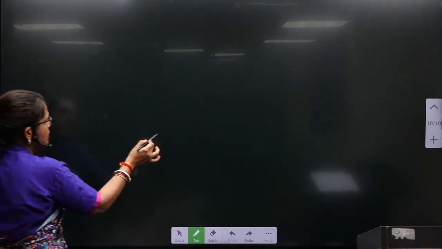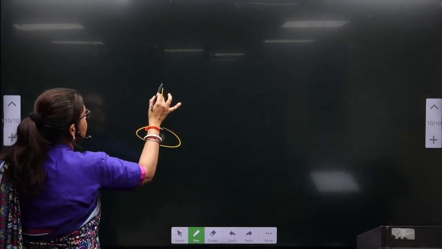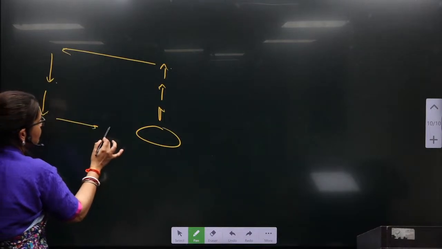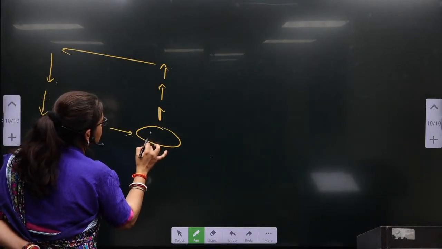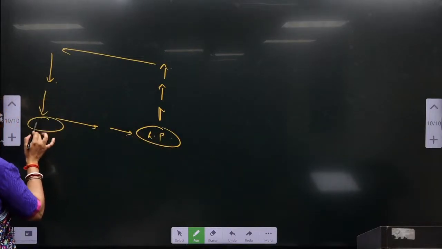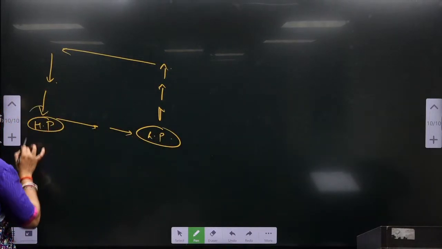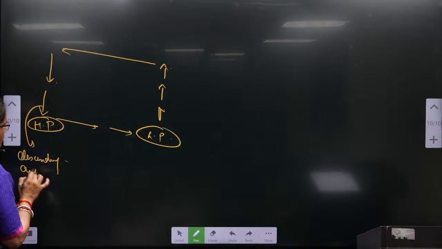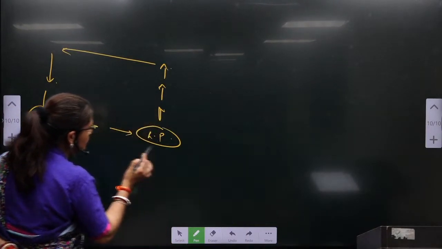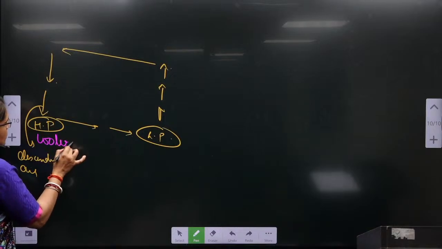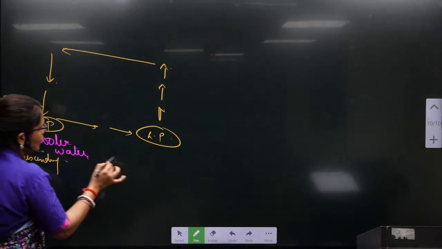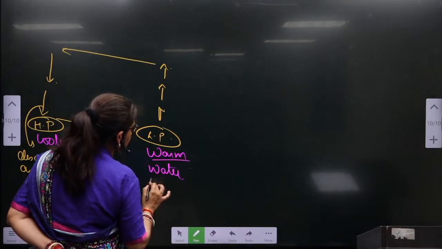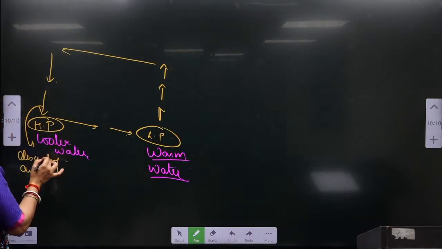So the conditions would be, this is the warmer center, ascending air, descending air. So low pressure center, high pressure center, okay, descending air, cooler water, warm water, descending air.